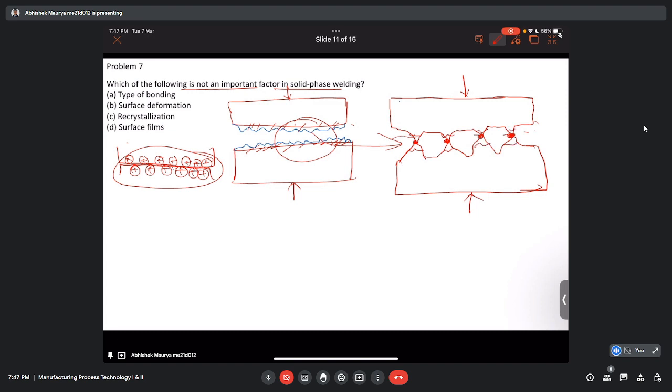Earlier only peak to peak contact was there, only point contact between the two surfaces. But right now, I will again exaggerate, some surface contact will take place, something like this.